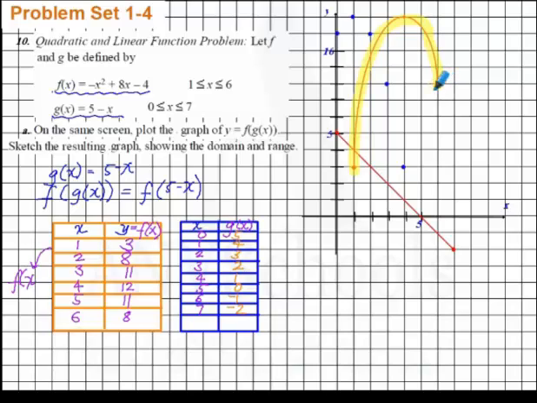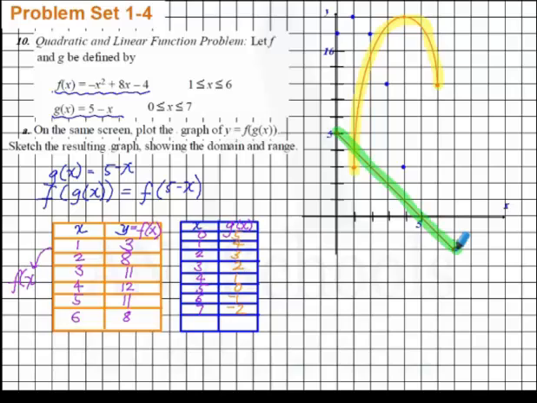And the linear graph that we have here is actually our g of x, from x equal to 0 to 7.